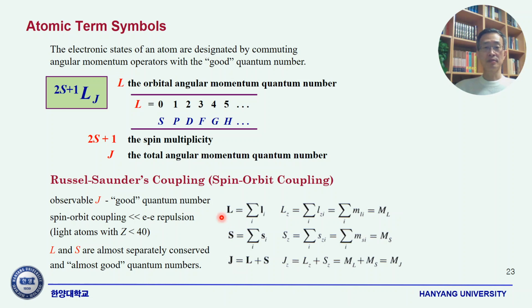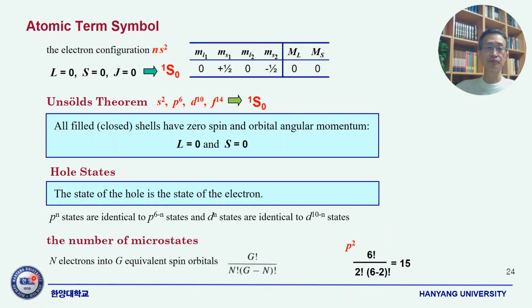Russell-Saunders coupling is just J equals L plus S in the vector model. Basically that's the idea of how we obtain the J value. So, the atomic term symbol for the helium atom, which is a 1s2 system.